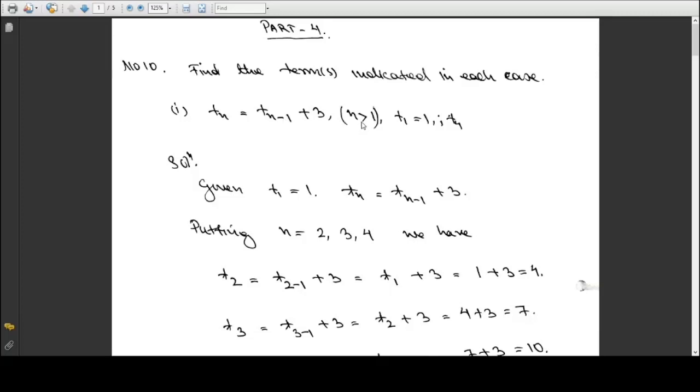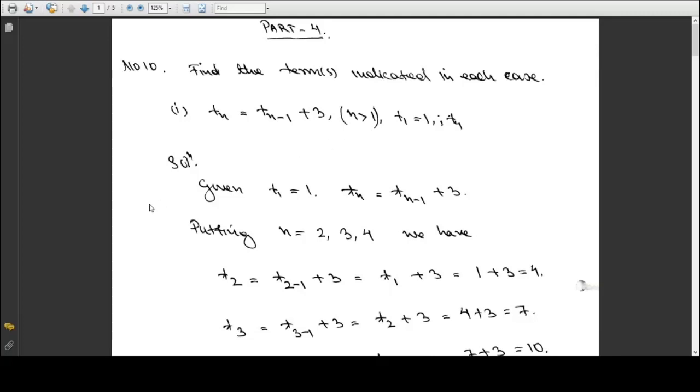Therefore, you cannot put n equal to 1 or n less than 1. Always n should be greater than 1. Because if we put n equal to 1, then n minus 1 is 0, and this whole thing will become invalid. Therefore the value of n that we will be putting will always be greater than 1. That means it may be 2, 3, 4, 5 and so on.